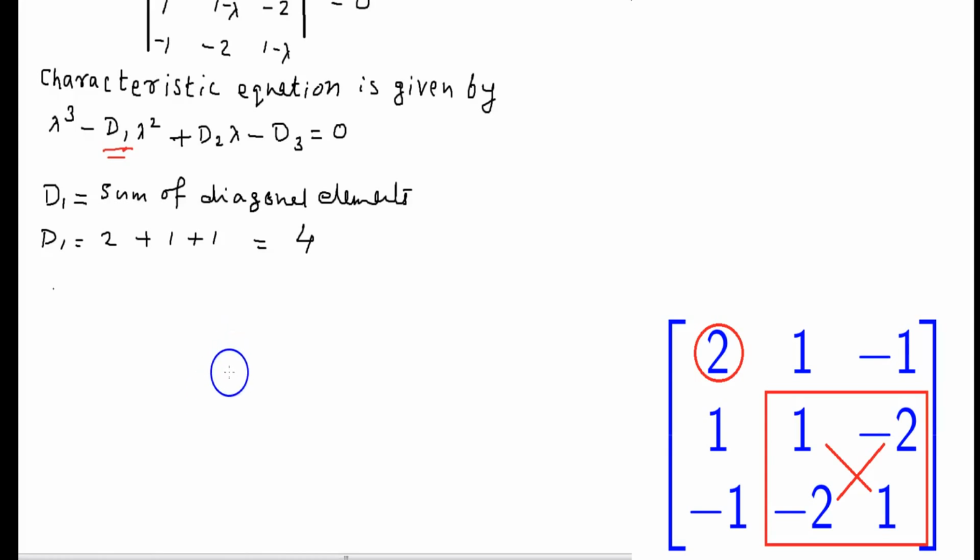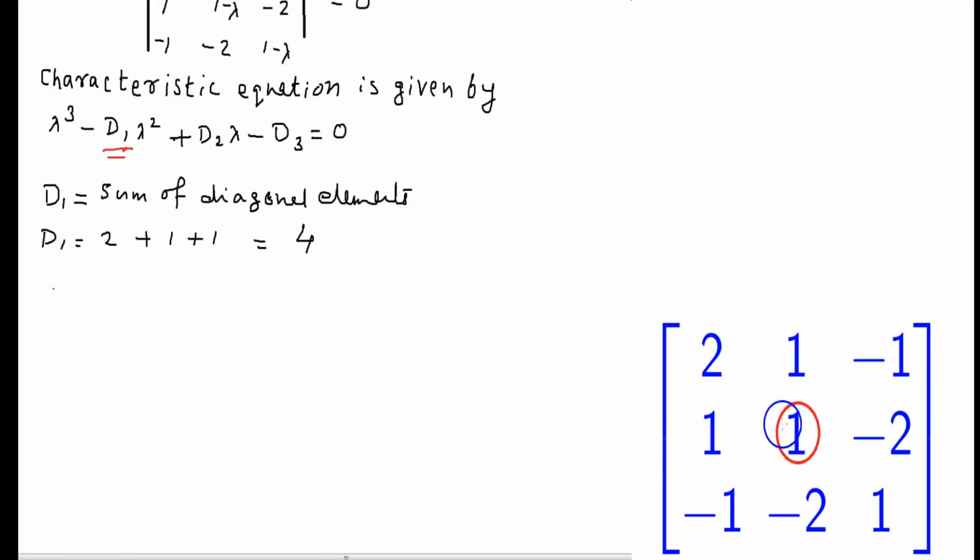That is mod 1, minus 2; minus 2, 1, plus the next diagonal element is 1, and ignoring the elements in the second row and second column, the rest of the elements form the minor of the leading diagonal element 1.